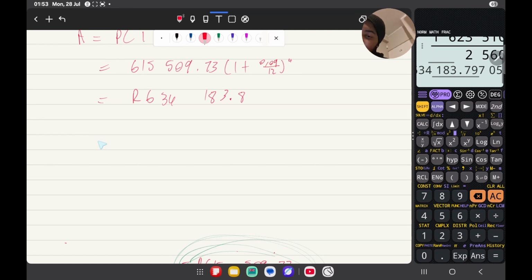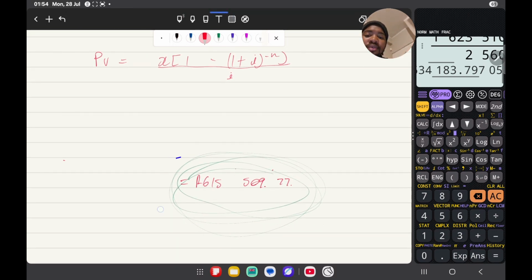So that formula, remember, PV equals x times 1 minus (1 plus i) to the power of minus n over i. On the formula, we are looking for n.